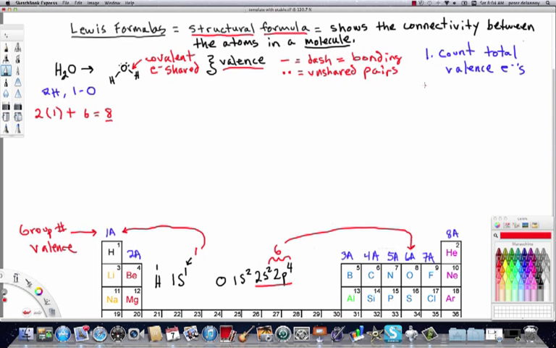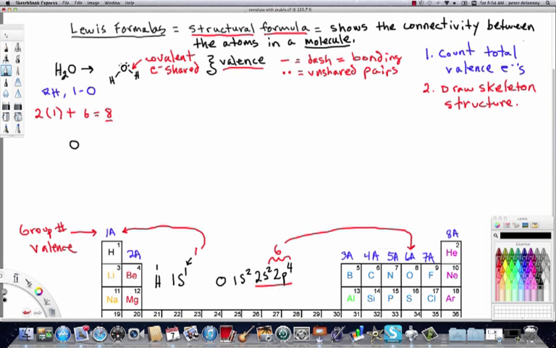Now, step number 2 is to draw what I call the skeleton structure. In this step, all you're going to do is basically identify the central atom, and I'll talk about that more as we go through this, but in H2O it's pretty obvious that the central atom needs to be oxygen.